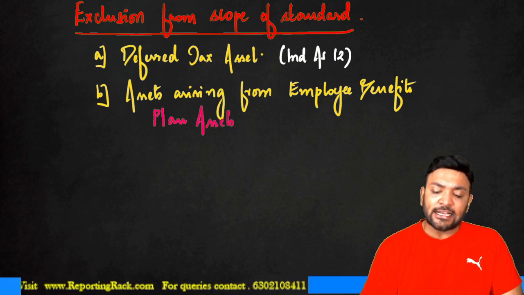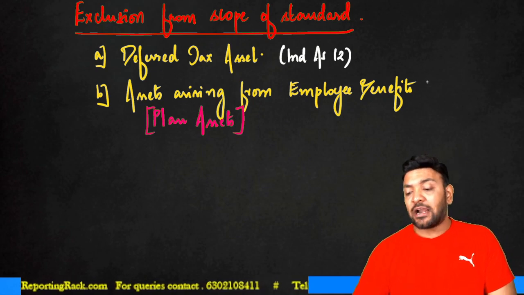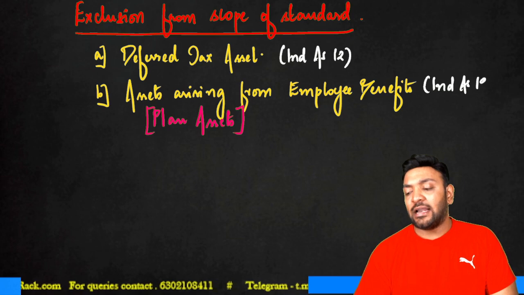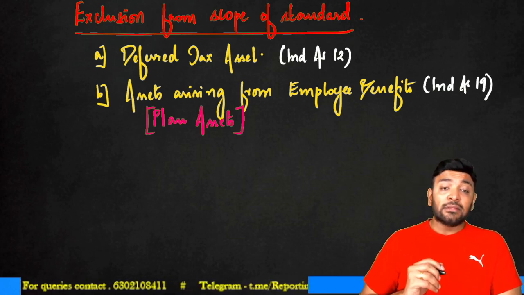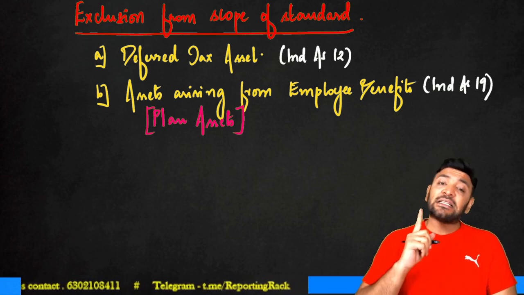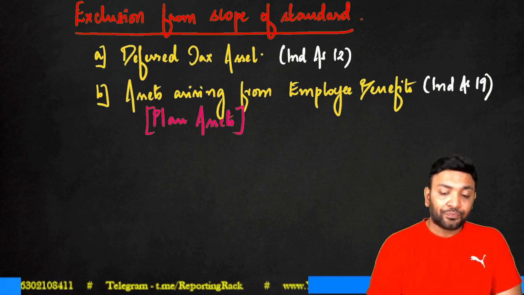If you look at Ind AS 19, you get this word plan assets. They are discussed as a part of Ind AS 19, guys. They are excluded from the scope of this standard, Ind AS 105, even though they are non-current assets. This word plan assets, remember, we will touch it as soon as we complete the assets. The first liability standard which I will take up is Ind AS 19.